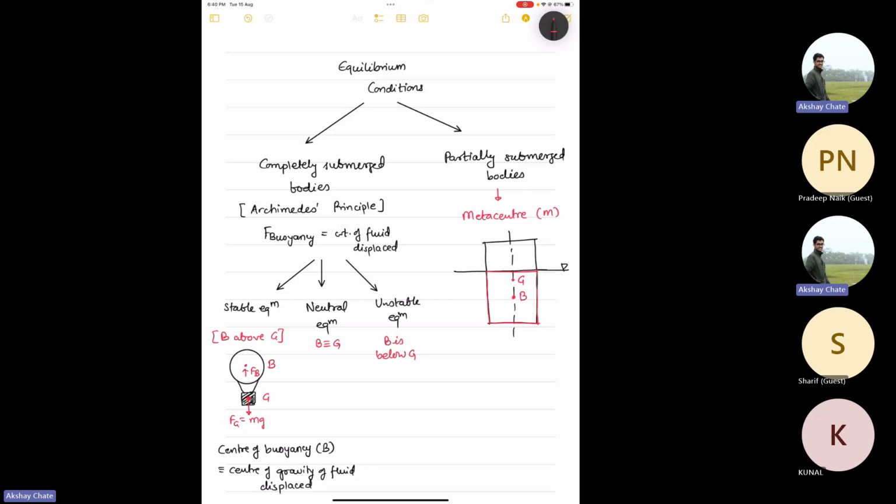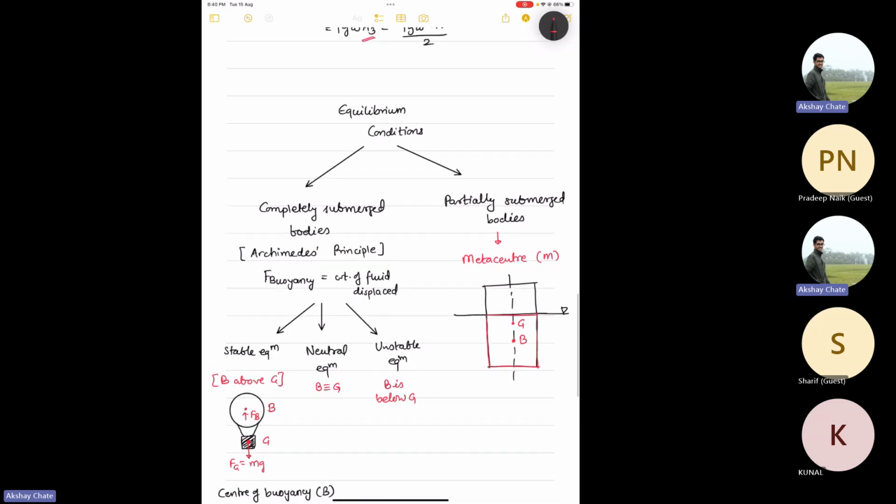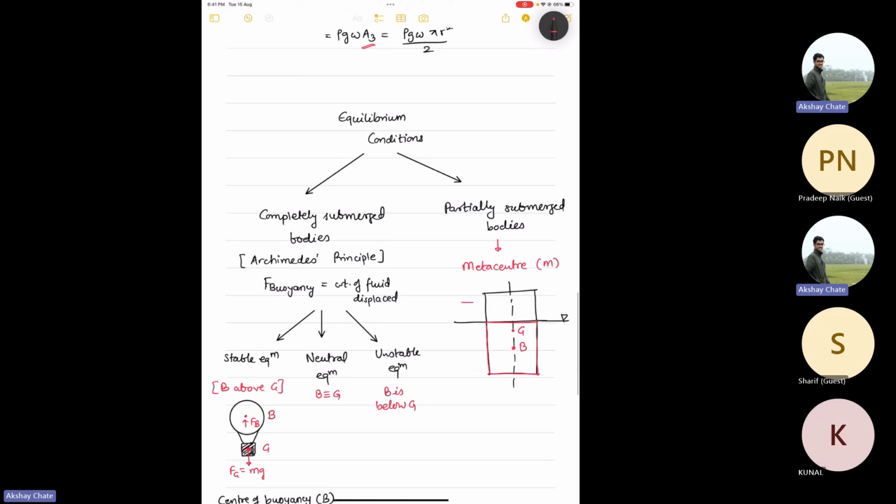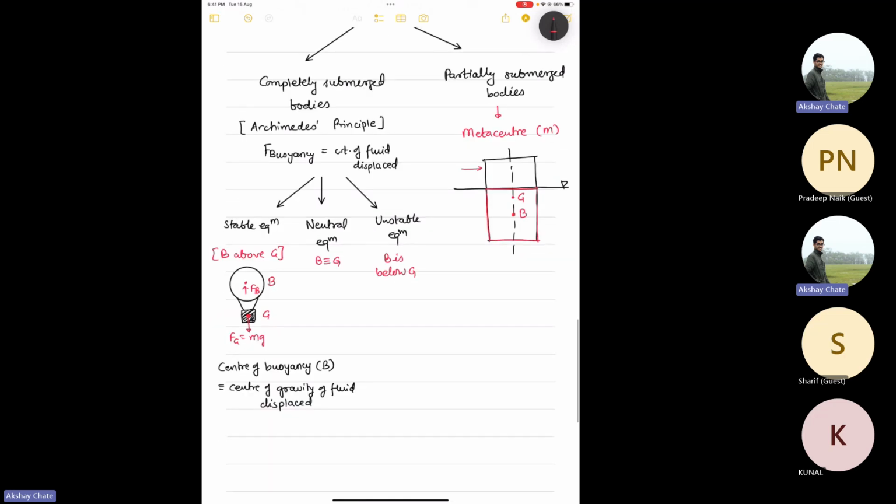But here, since the body is not completely submerged, you have to check whether it is in stable or unstable equilibrium. So what you do is give it a push, let's say from this side. So what happens, this vertical axis, which was the earlier case, now becomes something like this, right?